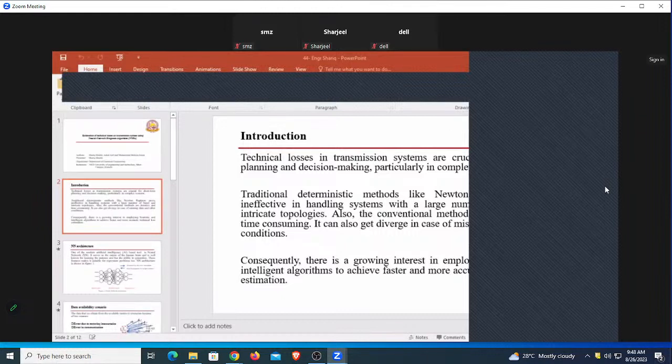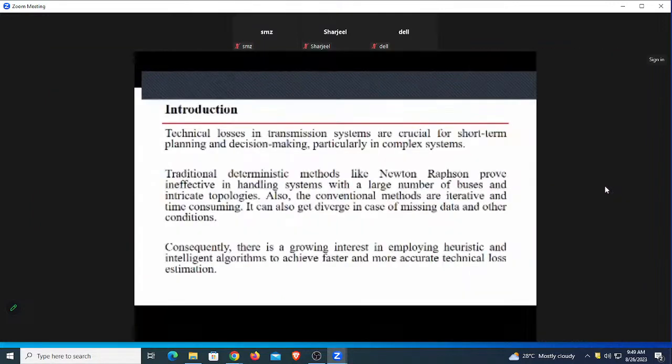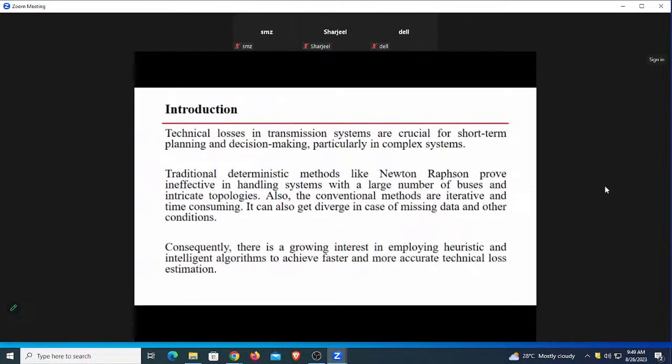So, in load flow studies, we first calculate voltage, and then we reach the value of the losses on the transmission network, which are active and reactive losses of the network.